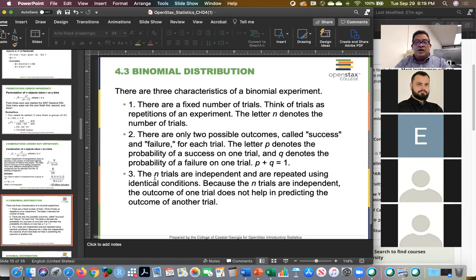Okay. So we are familiar with the binomial distribution. Remember, the binomial distribution comes from the binomial experiment.